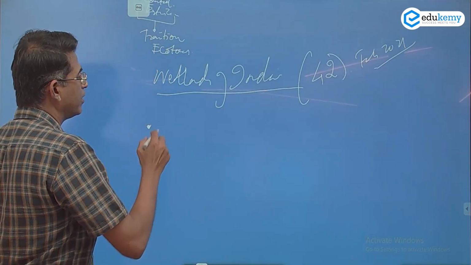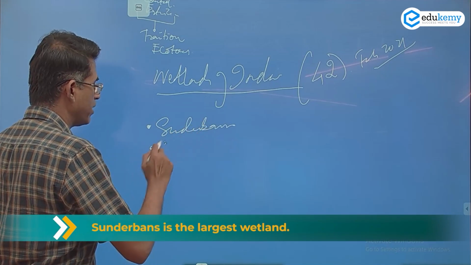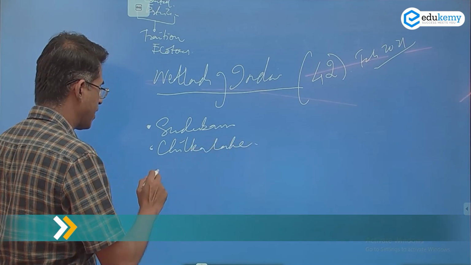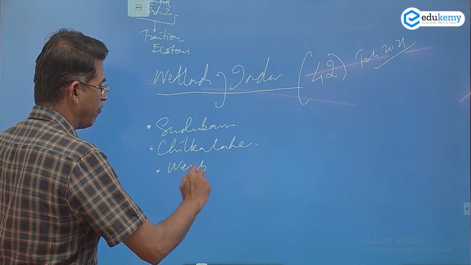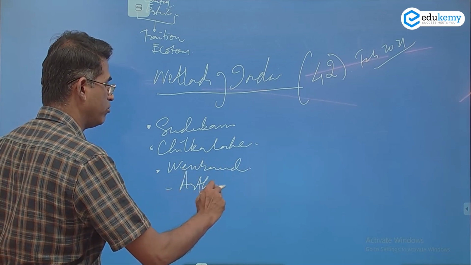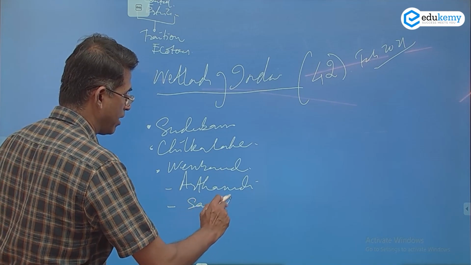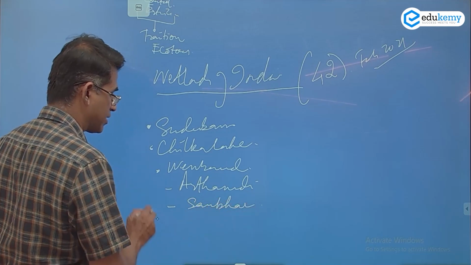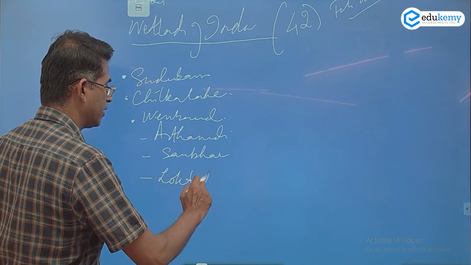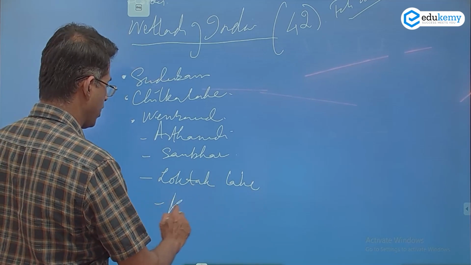So we have Sundarbans, the largest one. Chilka Lake. We have Vembanad Lake, Ashtamudi Lagoon, Sambar Lake. We have Loktak Lake. We have Kolleru.